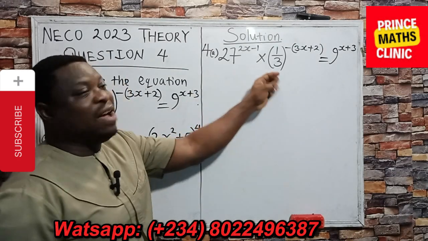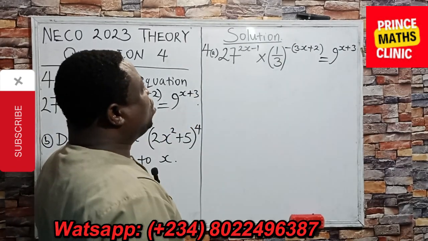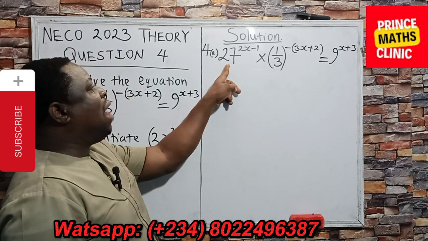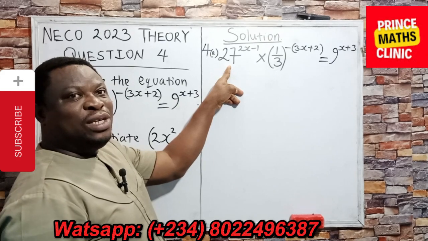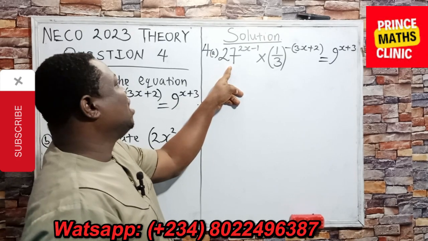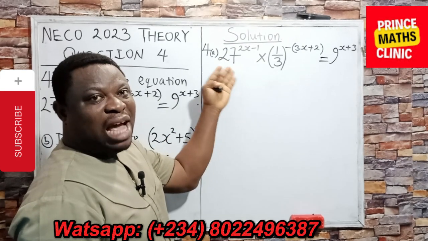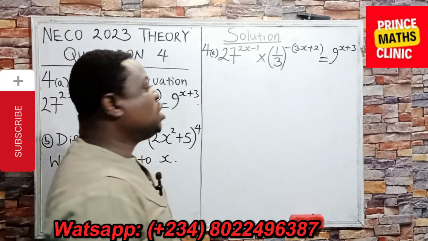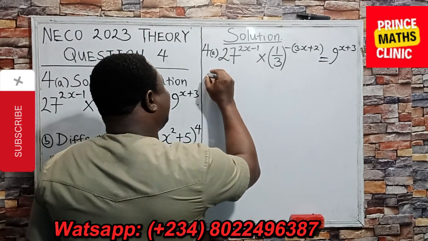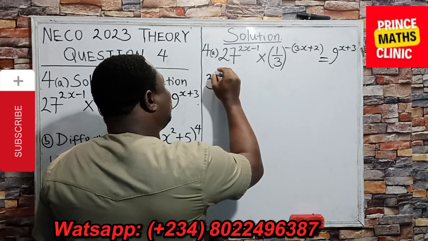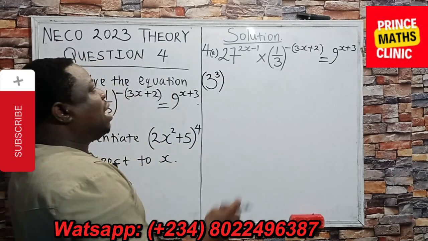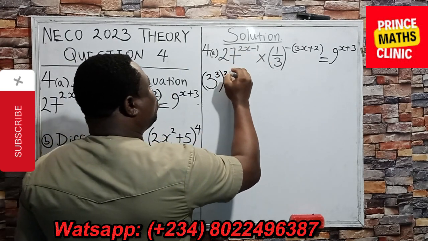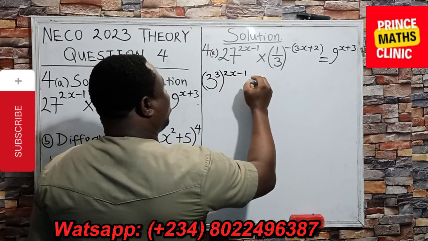Yes, this is what we have. What I'm going to do now is to see how I can make 27 to be 3 to the power of something. I know that 3 times 3 times 3 is 27. So this 27 means 3 to the power of 3. I put that in a bracket, then the power, I write it out: 2x minus 1.